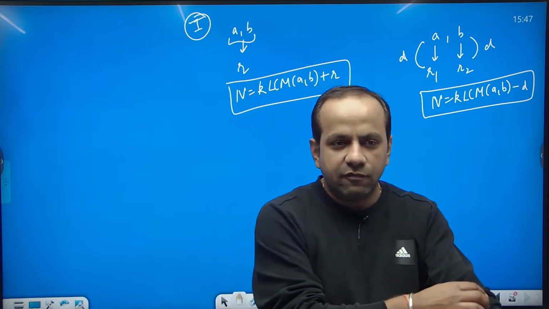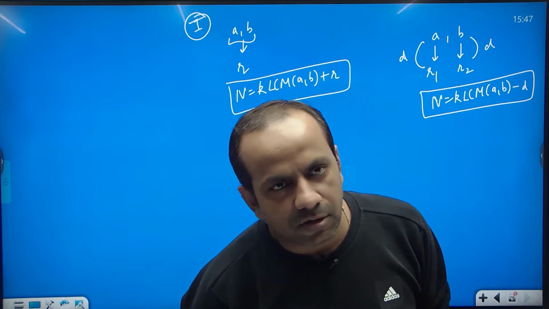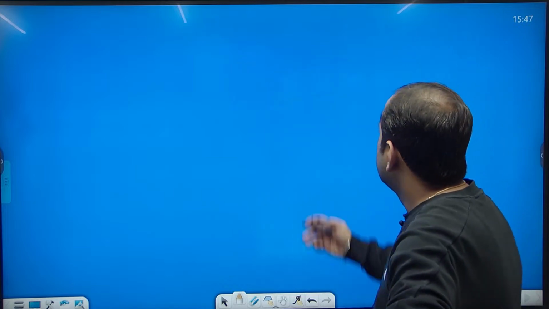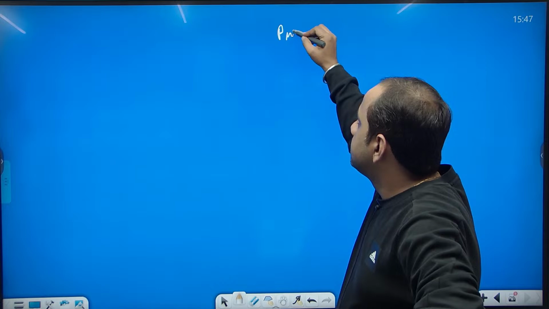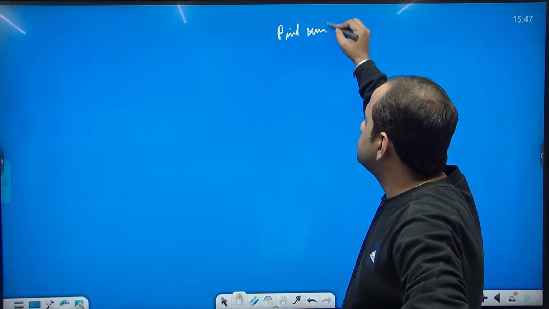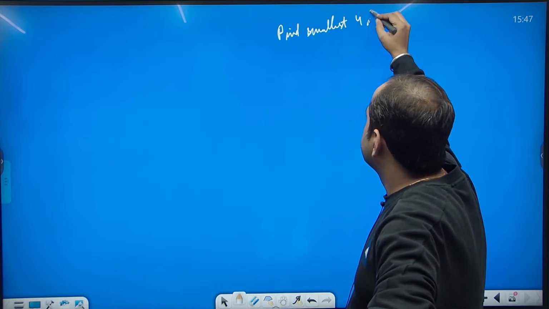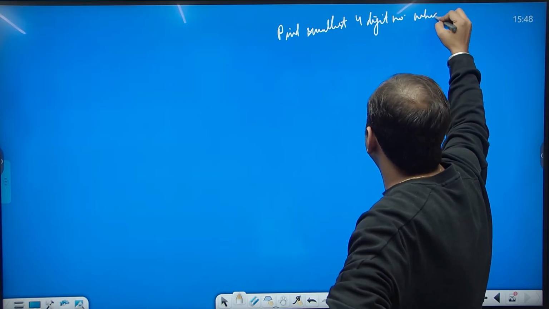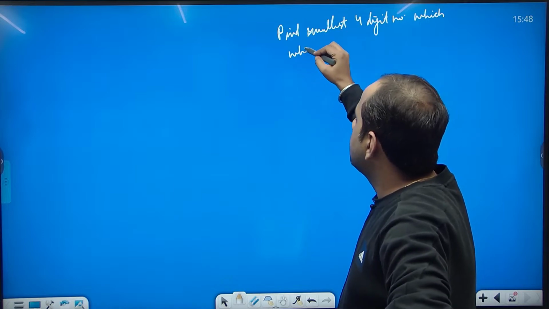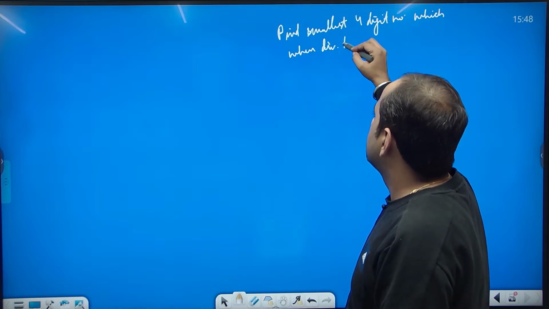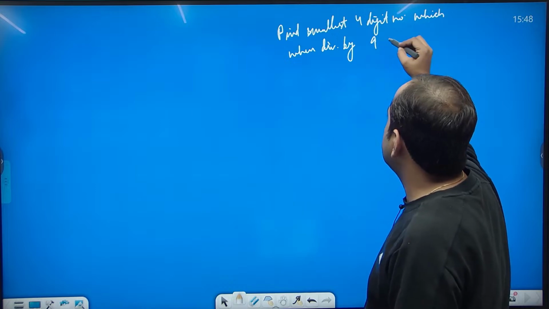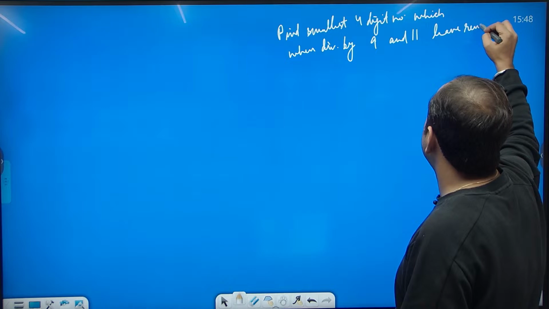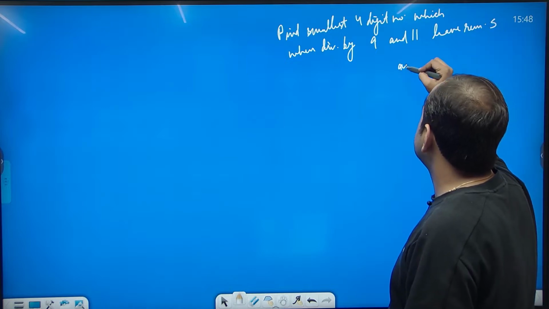If I say you have to find the largest, not largest, find the smallest 4-digit number which when divided by 9 and 11 leave remainder 5 and 7 respectively.